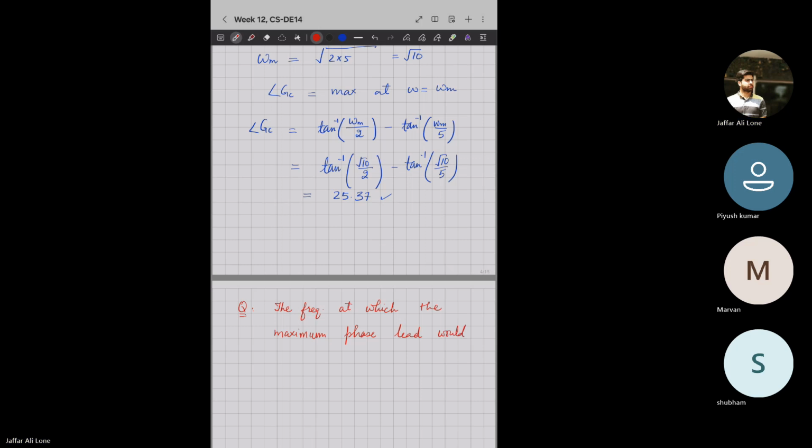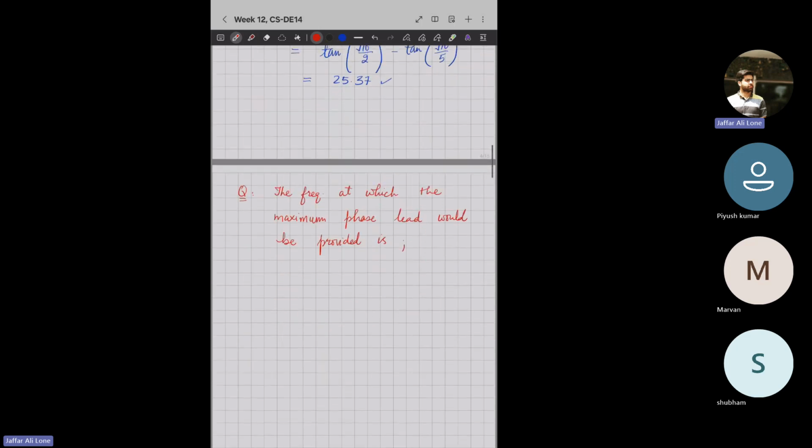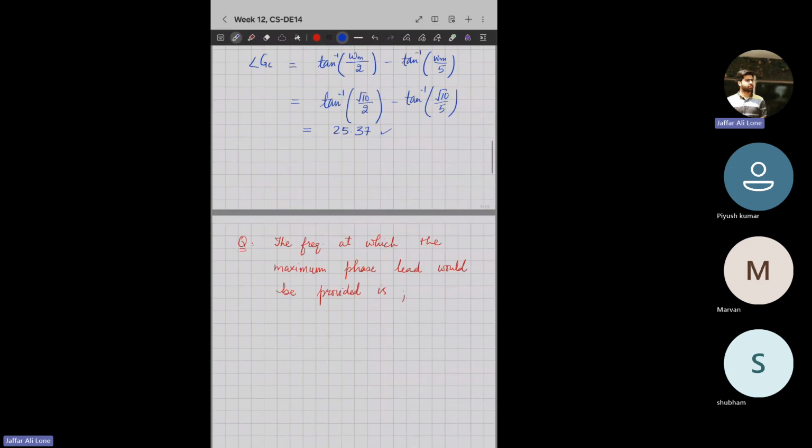This is a question from your assignment. So if you have to find the frequency at which this maximum phase lead would be obtained, that frequency is directly calculated. We have calculated it, you see here.